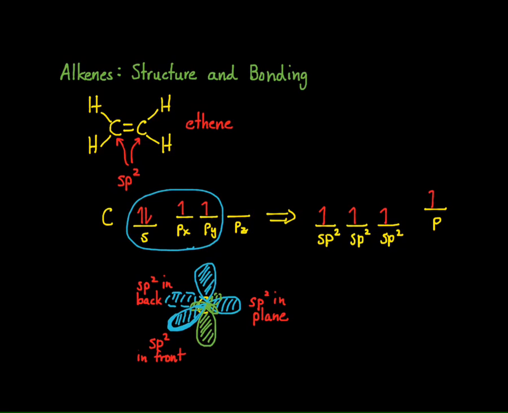Now, the question is, how is that carbon bonded to the two hydrogens and to the other carbon? So let's take a look at the bonding of C2H4. So I'm going to draw the structure of ethene again.